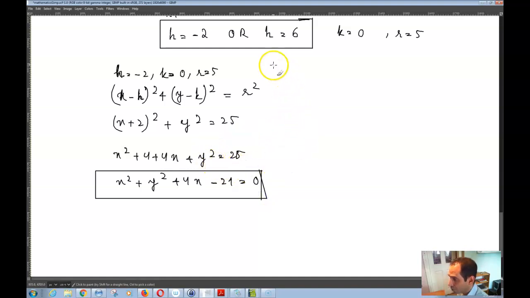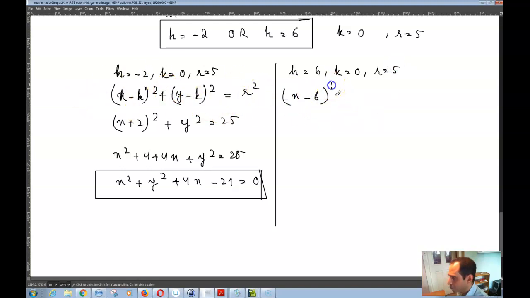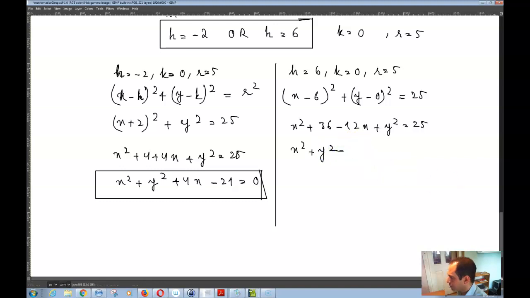And then if your h is equal to 6 and your k is equal to 0 and r is equal to 5, based on the same equation you can write x minus 6 whole squared plus y minus 0 whole squared is equal to 25, which is x squared plus 36 minus 12x plus y squared is equal to 25, which is x squared plus y squared minus 12x, and 36 minus 25 is equal to 11.